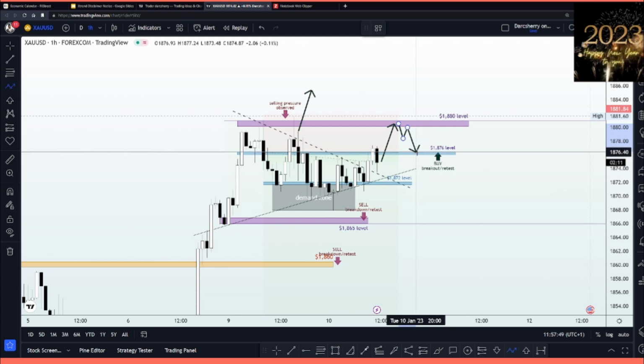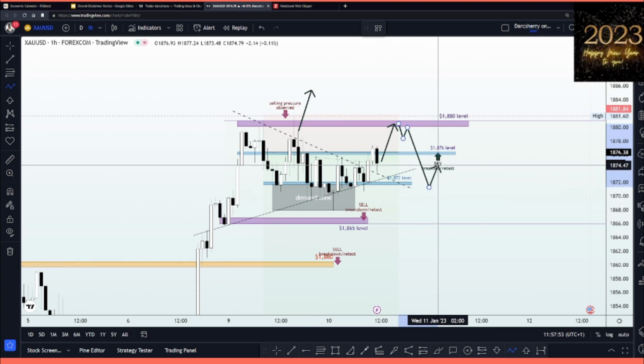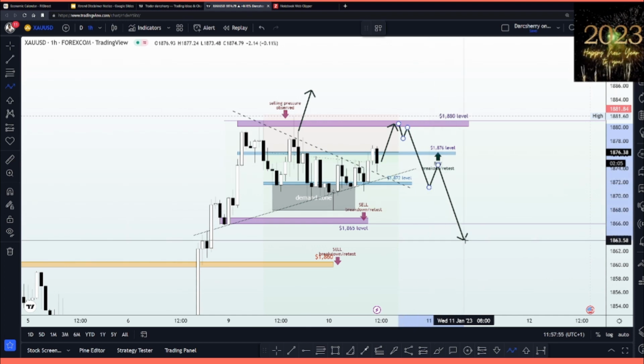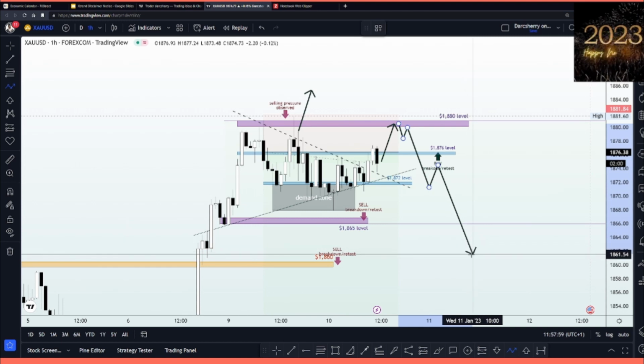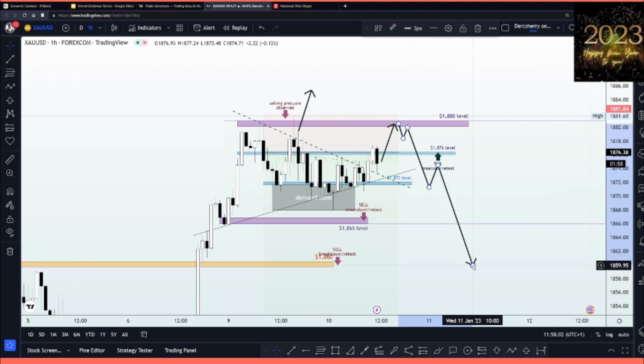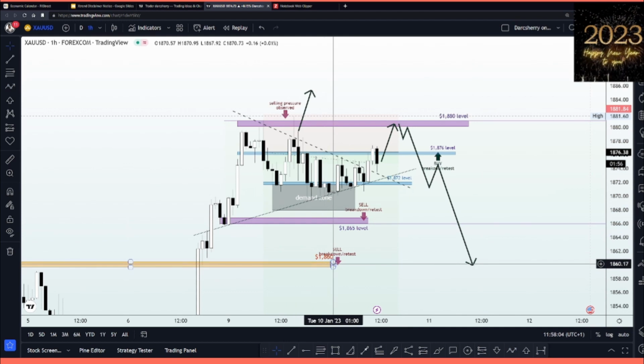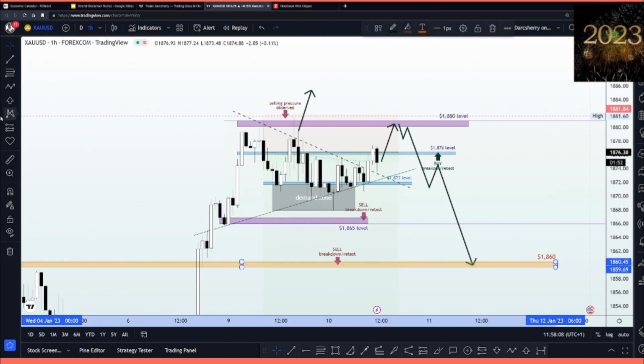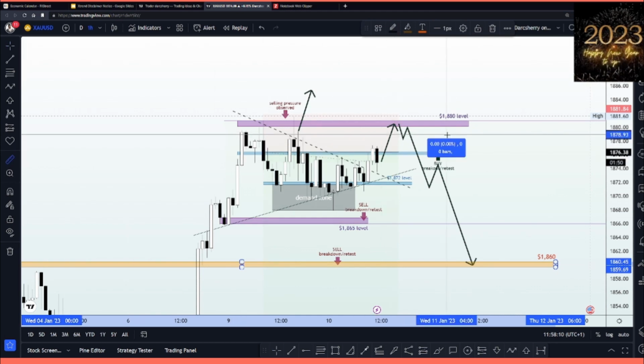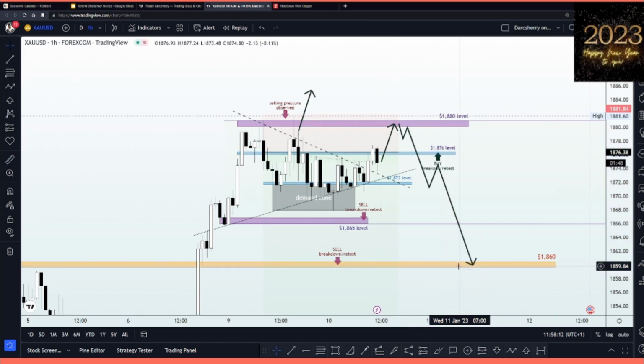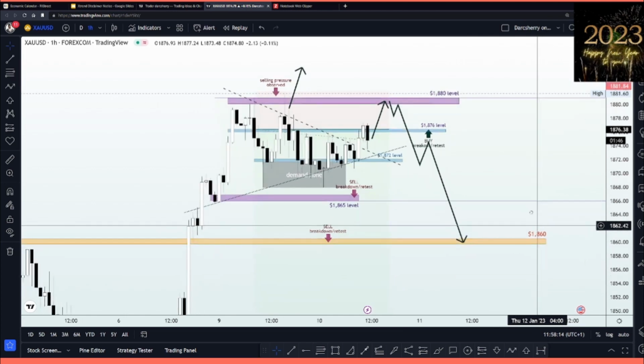And if price tends to continue to the downside, breaking down that bullish trend line, selling pressure below the structure should give us another opportunity to add more position to our existing trade. With the take profit target sitting somewhere around the 1,860, I think this is going to be considerably okay for us for this week, and that should give us close to 2,000 pips if price action gets to that level.